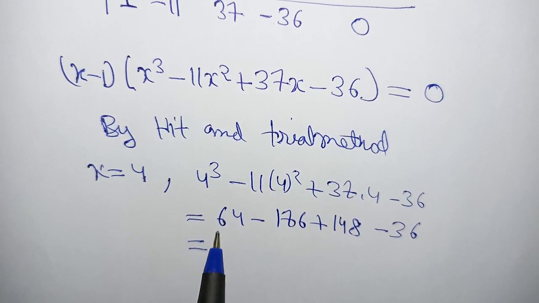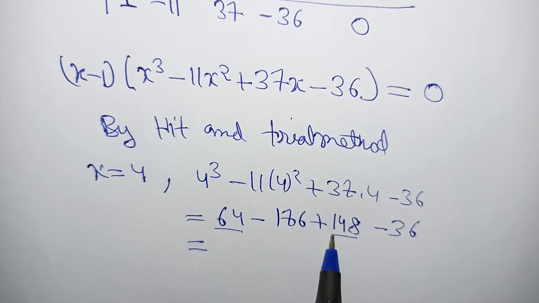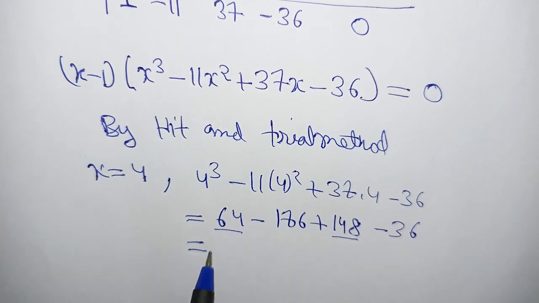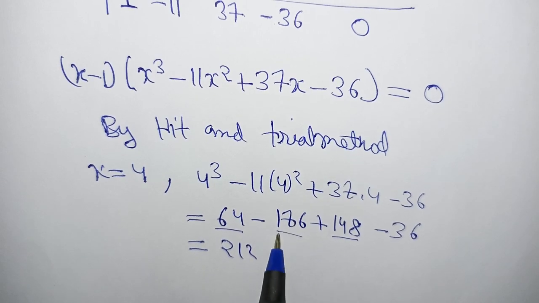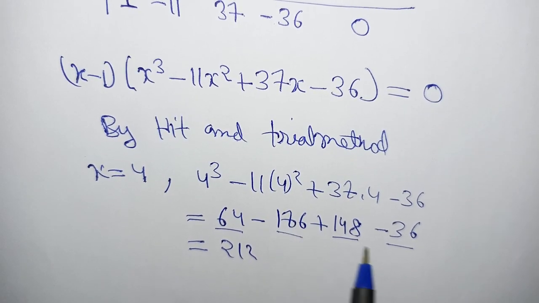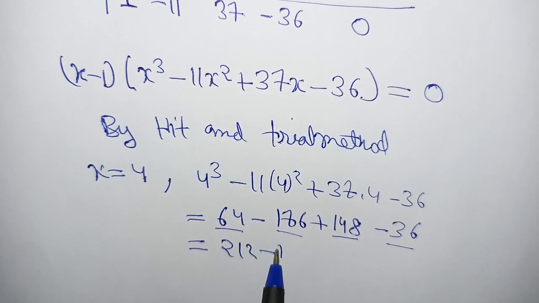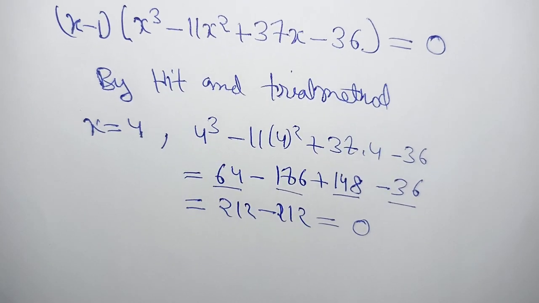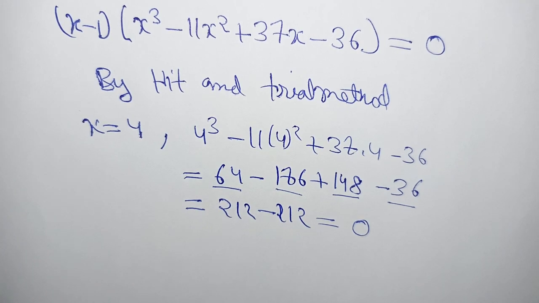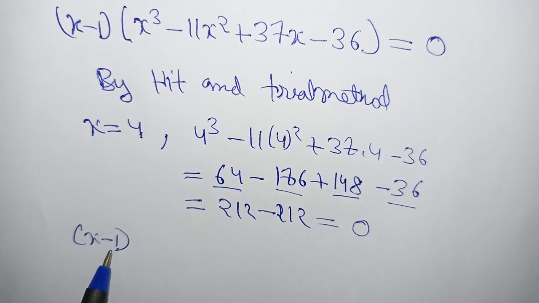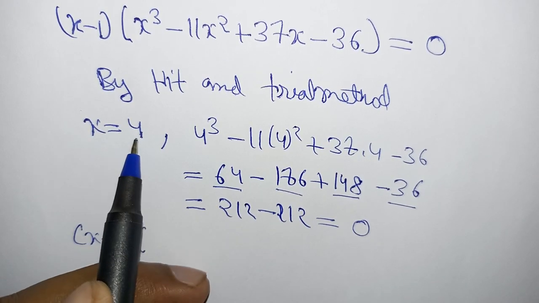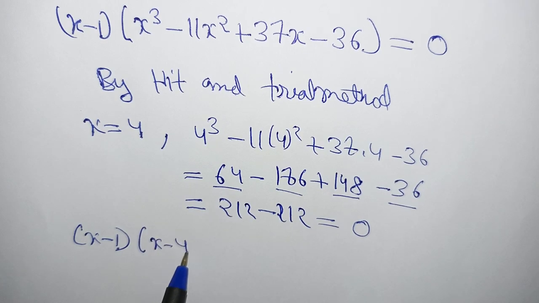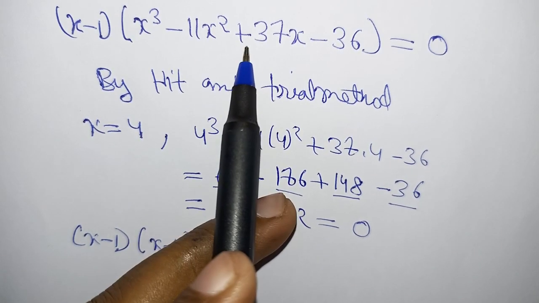After simplifying we have plus 64 and plus 148, that is equal to 212, and then the negative values, minus 176 and minus 36, that is equal to minus 212, which gives the value 0. That means x equal 4 is again a root of this cubic equation. So x minus 1 is the first factor, and x equal 4 gives x minus 4 as the second factor.